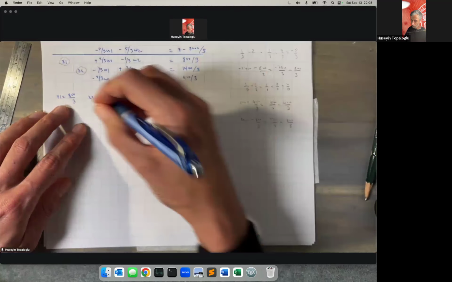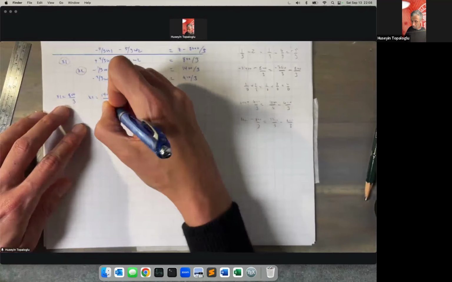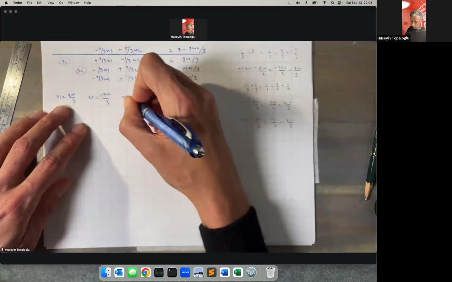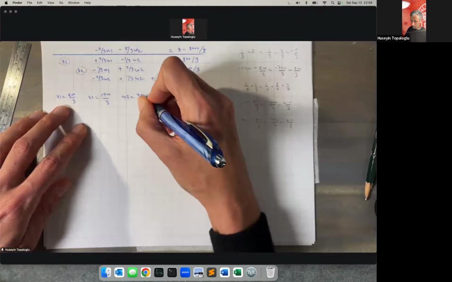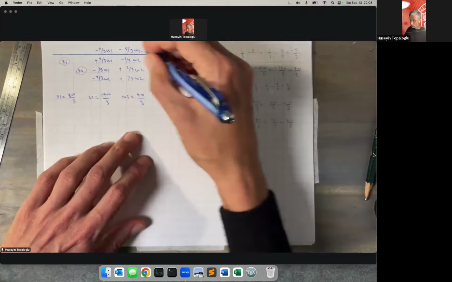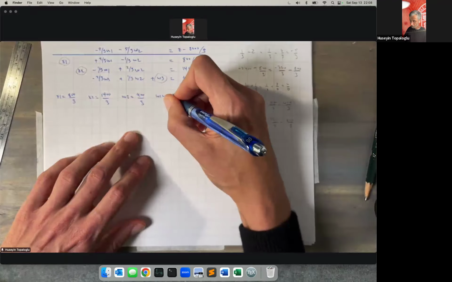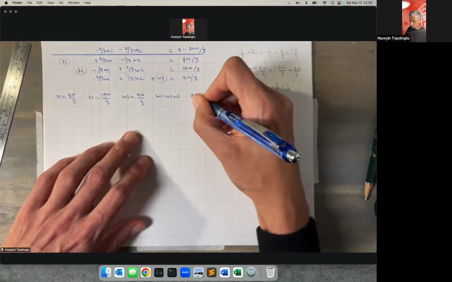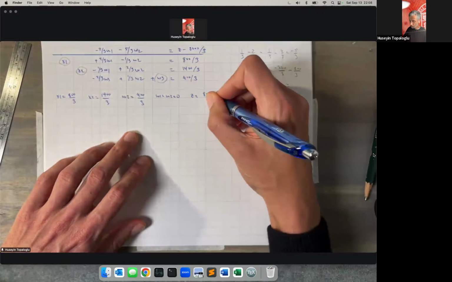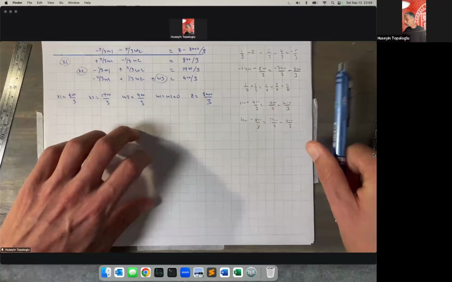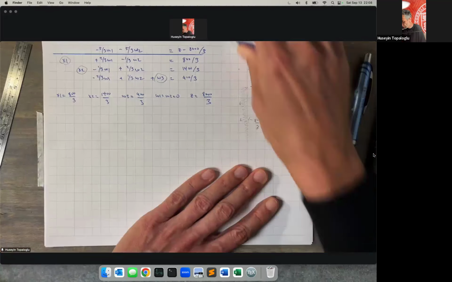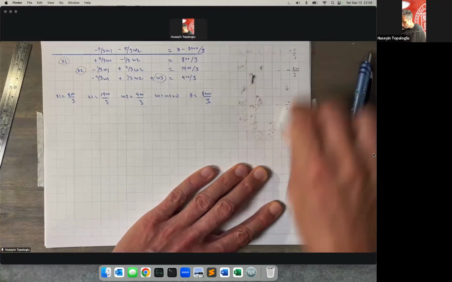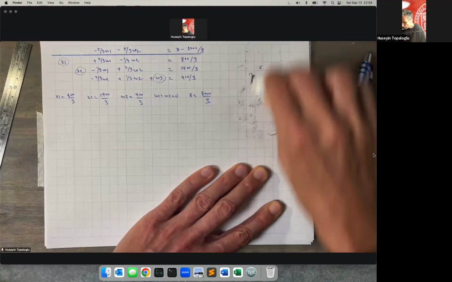Set x2 to be 1400 divided by 3. And set w3 to be 400 divided by 3. And set w1 and w2 to be 0. And set z to be 8000 divided by 3. That's a solution to the system of linear equations that we have on this page.